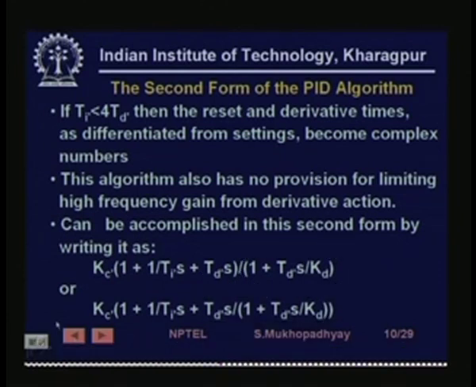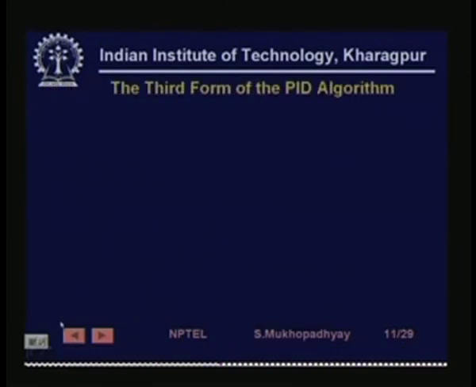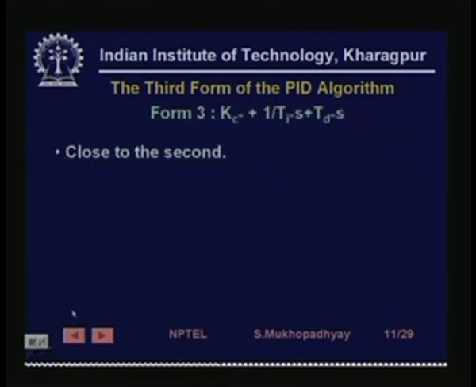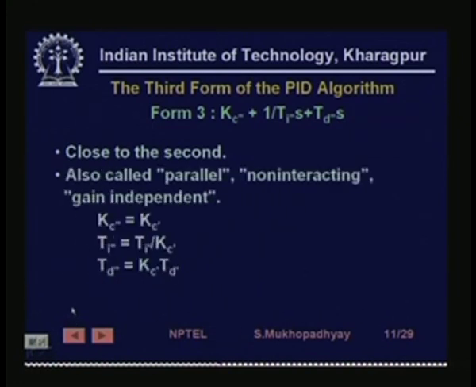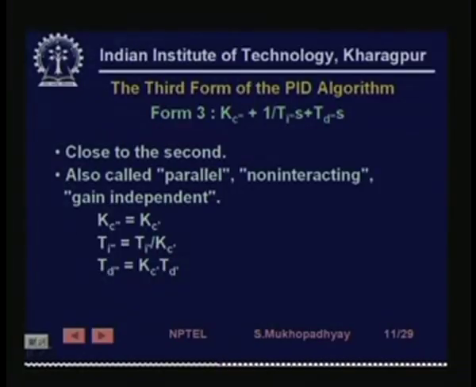If you look at the third form, that's the most quote unquote theoretical form. It is close to the second, but it's completely parallel in the sense that the 3 coefficients Kc, Ti and Td are totally decoupled. You can change any one of them without changing the other. So, in that sense it is completely parallel and completely non-interacting, and to stress the fact that even Kc is not interacting, it is sometimes called gain independent.